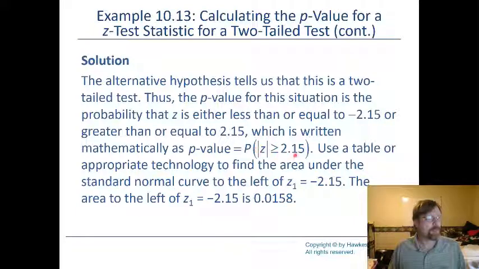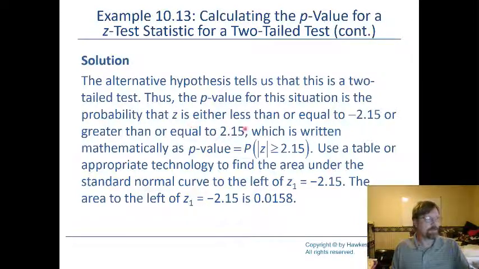So we need the probability associated with 2.15. We find that it's 0.0158. So that is the area to the left of Z1, the area to the right of Z2.